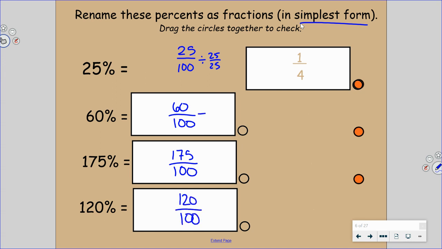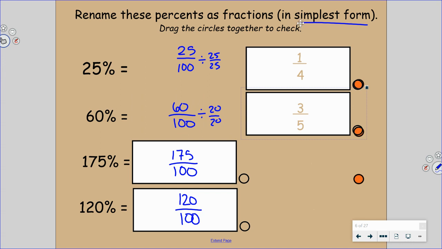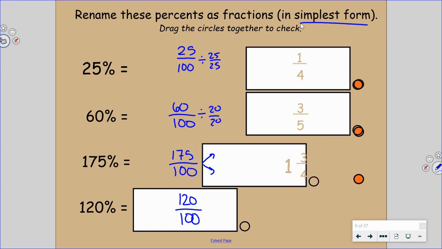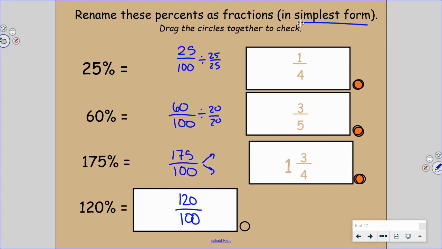Now 60% will reduce by 10 and then by 2. In other words, you could reduce by 20 to get a final answer of 3/5. 175%, you got two choices here, ladies and gents, but both of your choices will lead to the same answer. Some of you will choose to first change it to a mixed number and then reduce by 25. Others of you may choose to reduce first and then rewrite it. I don't care.